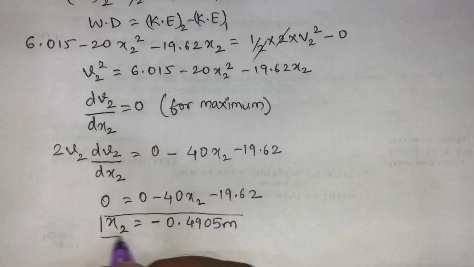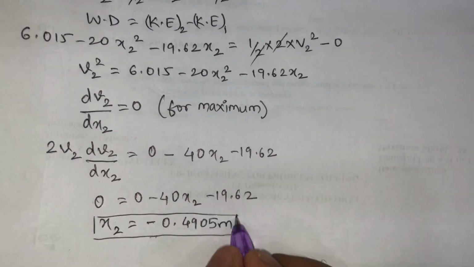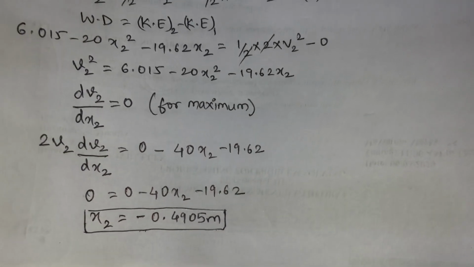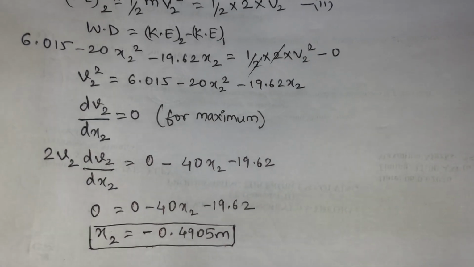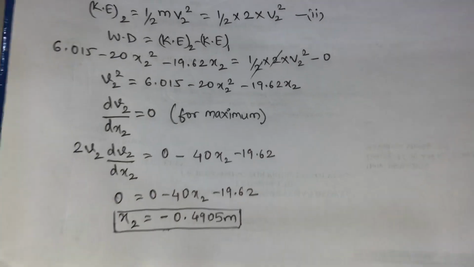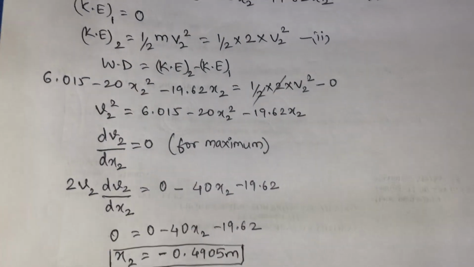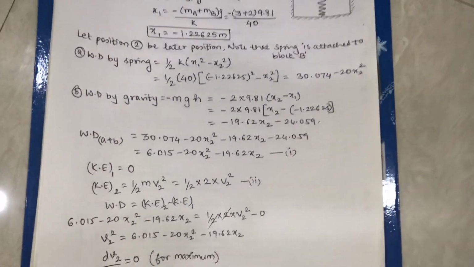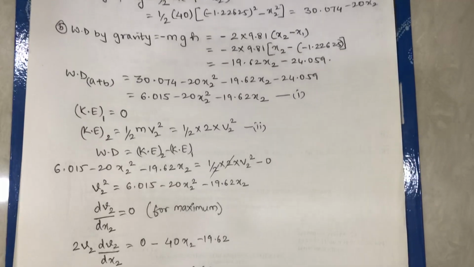I hope with this we determined x1 as well as x2. Now the x2 we are getting is the maximum point at which the block along with the spring will reach.